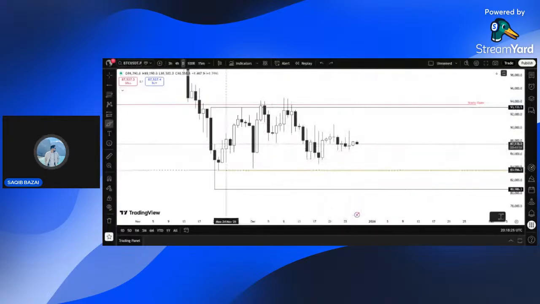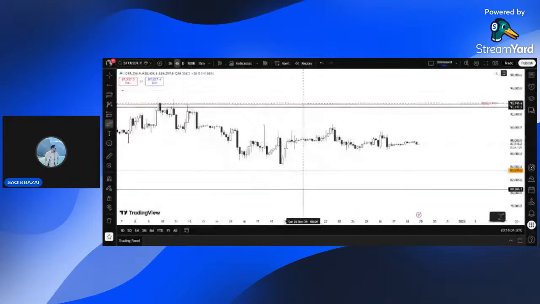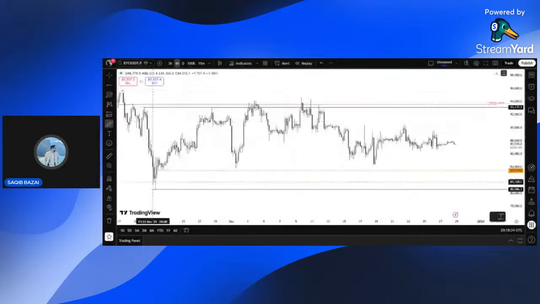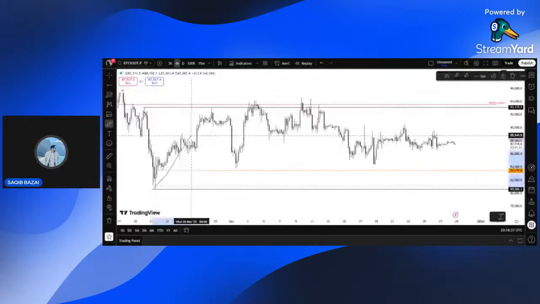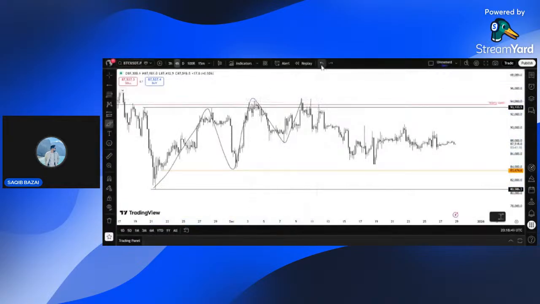In my last update on BTC specifically, in my Discord, I talked about that maybe it is a one, two, three, four, five move to the upside, and it has already completed this five Elliott wave move to the upside.